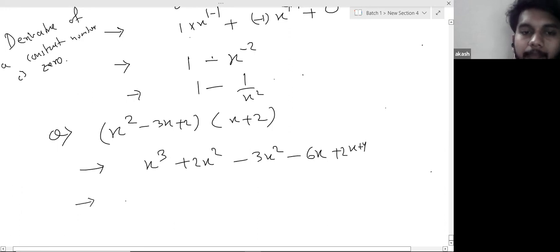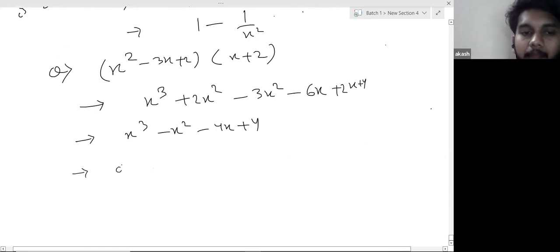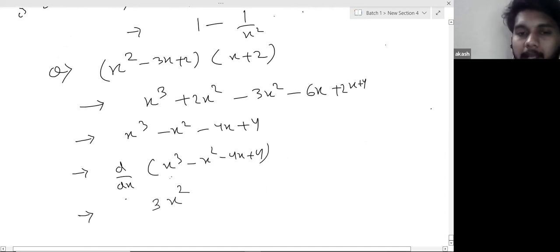So this is x cube minus x square minus 4x plus 4, and this we have to differentiate. This is very easy. Differentiation of x cube is 3 into x square, using x raised to the power n minus 1, minus 2x minus 4, and differentiation of 4 is 0. This will be your answer.